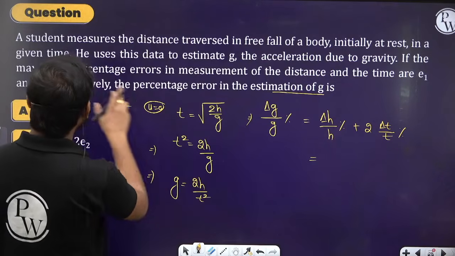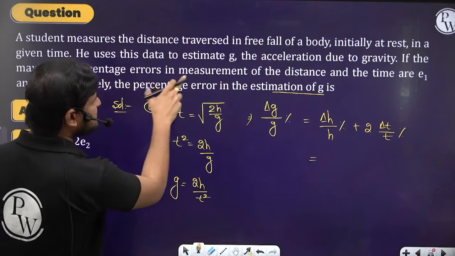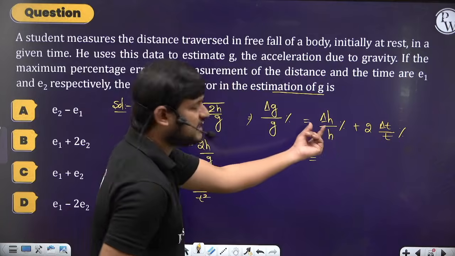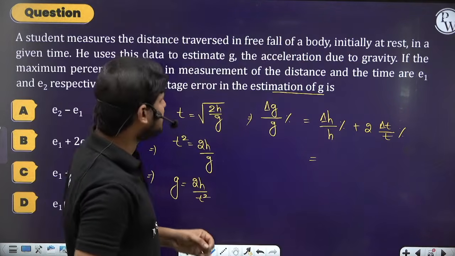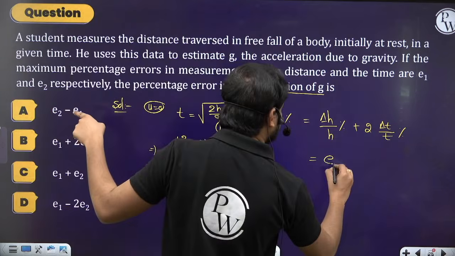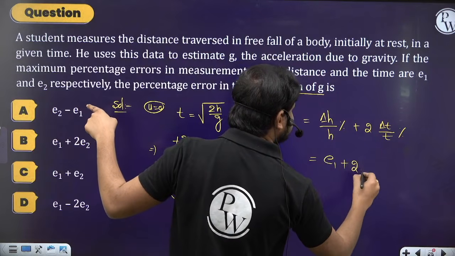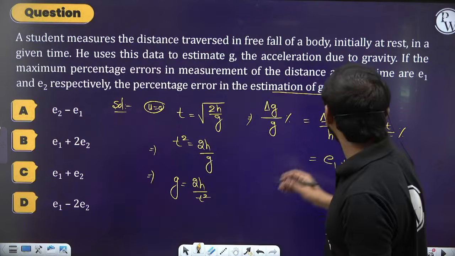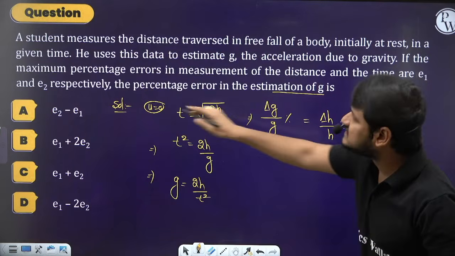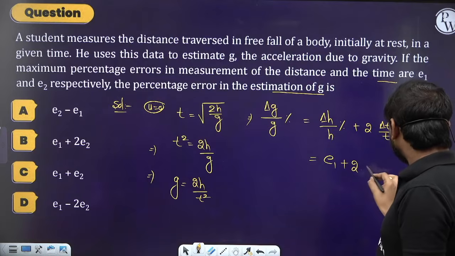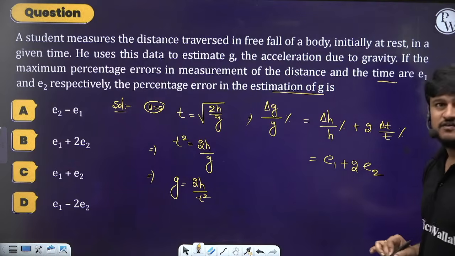Delta h by distance. See here, maximum percentage errors in the measurements of the distance. H is nothing but from how much height it is falling, so that's nothing but the distance, right? So it's given as E1 plus 2 times delta t by t. The maximum percentage error in the time is given as E2, so that's why in the delta t by t place we are writing E2.